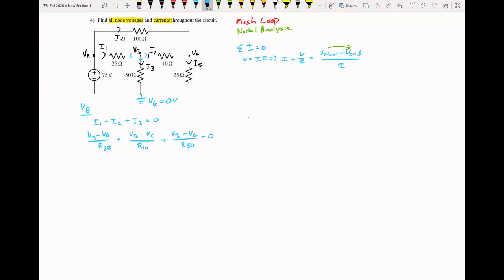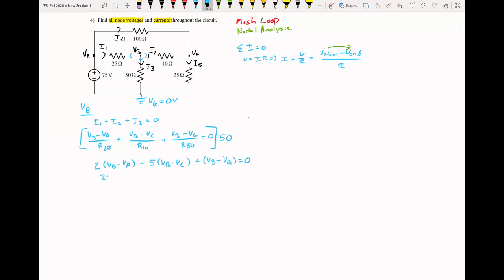Okay, so let's go in here and write some of this out. If we were to multiply by the common denominator of 50, then we would end up with 2 times V of B minus V of A, plus 5 times V of B minus V of C, plus V of B minus V of G. That'll be equal to 0.